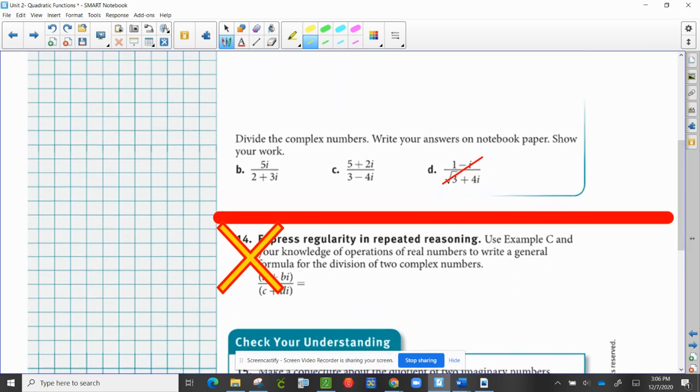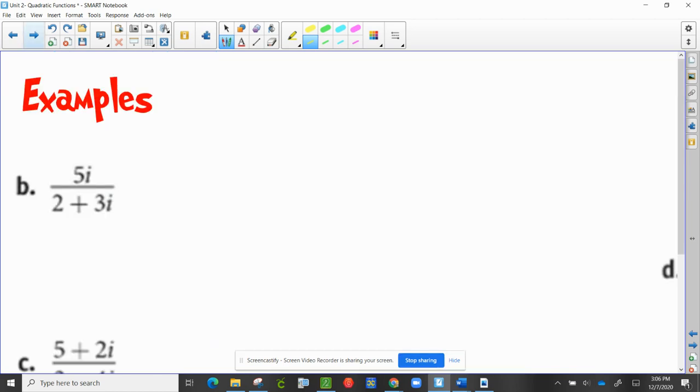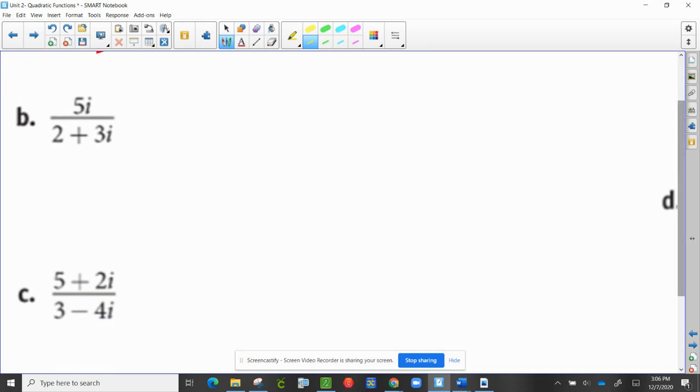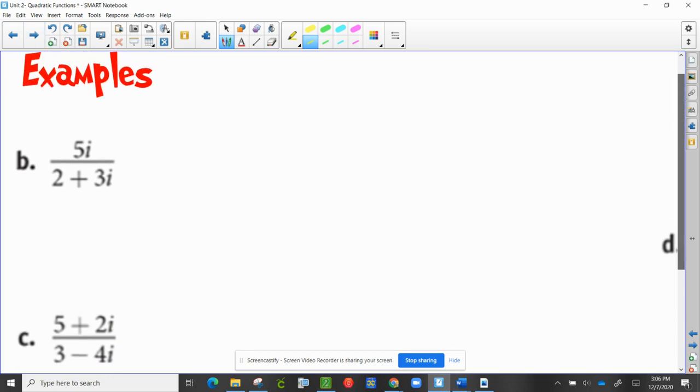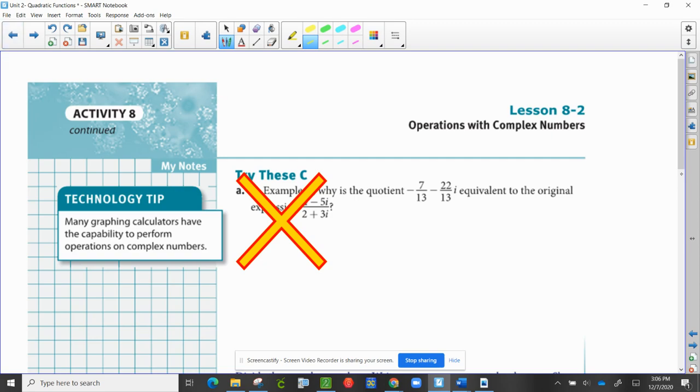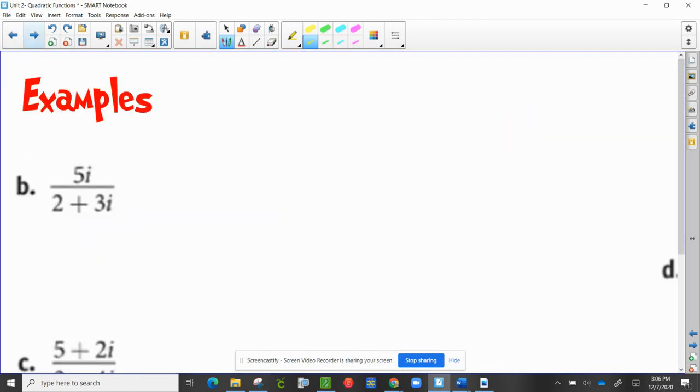So we're just going to do B and C on the next page. D, we're not going to worry about that radical in there. Now you're going to need some space to do these, so the book did not give us enough space. So I'm going to go ahead and just move to another screen here. These are the examples from this page here, page 130. I'm just doing them on another screen to have a little bit more space.